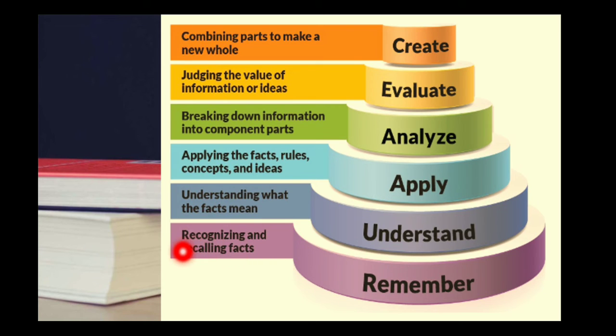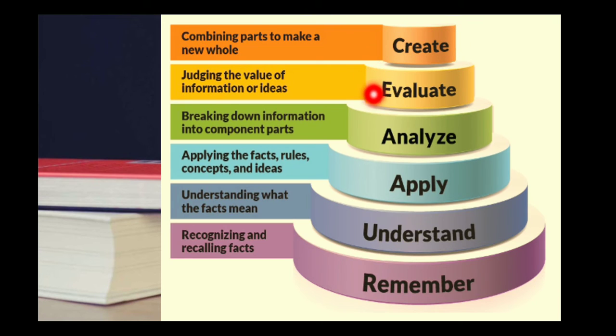The meanings are given here: remembering and recalling facts, understanding what the facts mean, applying the facts, rules, concepts, and ideas, breaking down information into component parts to understand it even at a deeper level, judging the value of information or ideas, and then combining parts to make a new whole, that would be creating. So the position of synthesis and evaluating has changed, and evaluate comes here, and creating comes at the top as the highest level.